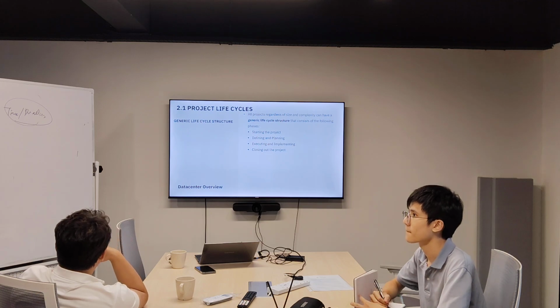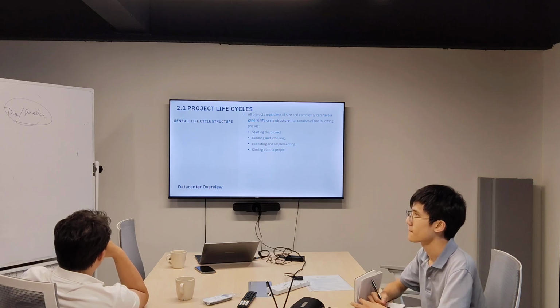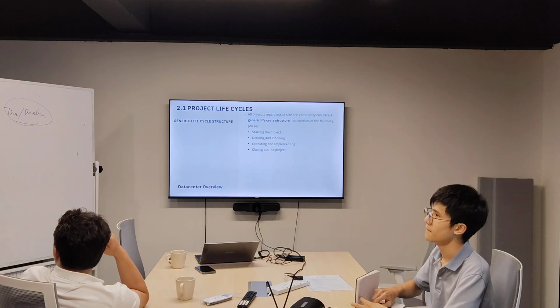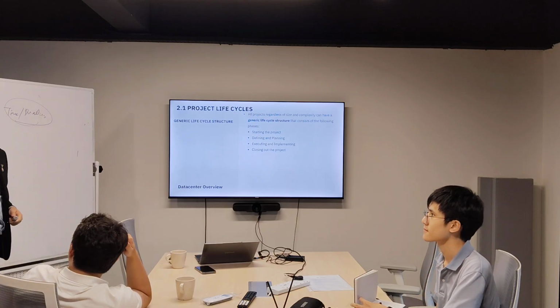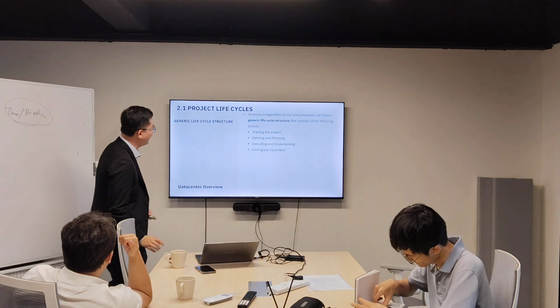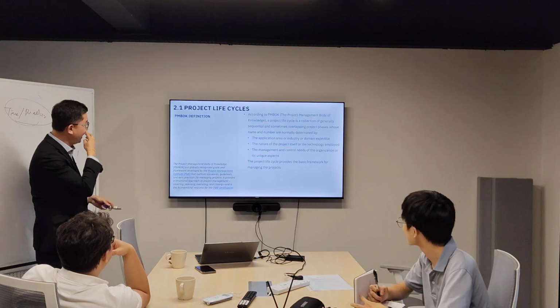How you execute and implement, later I will brief you on the process. And after you implement it, you need to close the project. You cannot leave it open. Why must the project close? You're right, that's the end date.